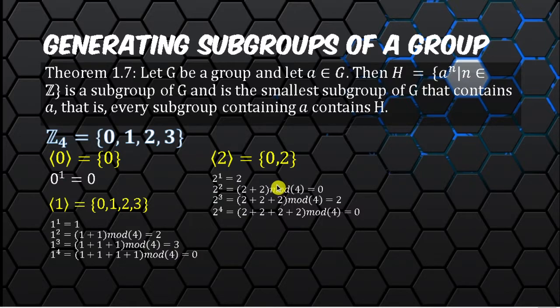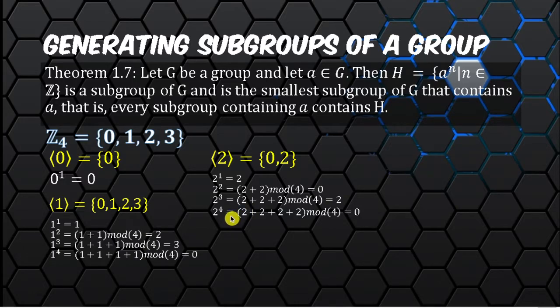Let's continue by constructing the subgroup created by the element 2. So again, let's start with 2 raised to 1, that is 2. 2 squared means 2 plus 2, and that gives us 0 remainder.